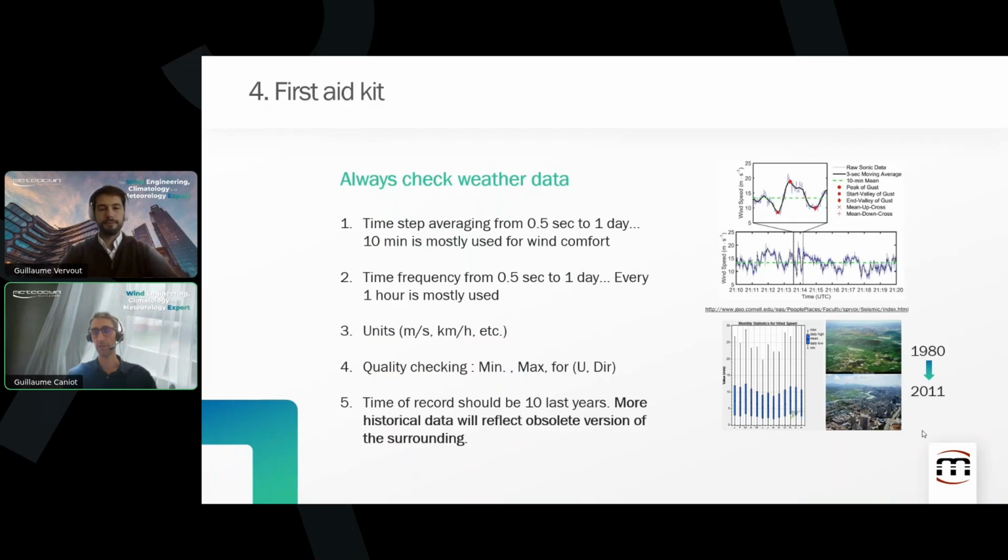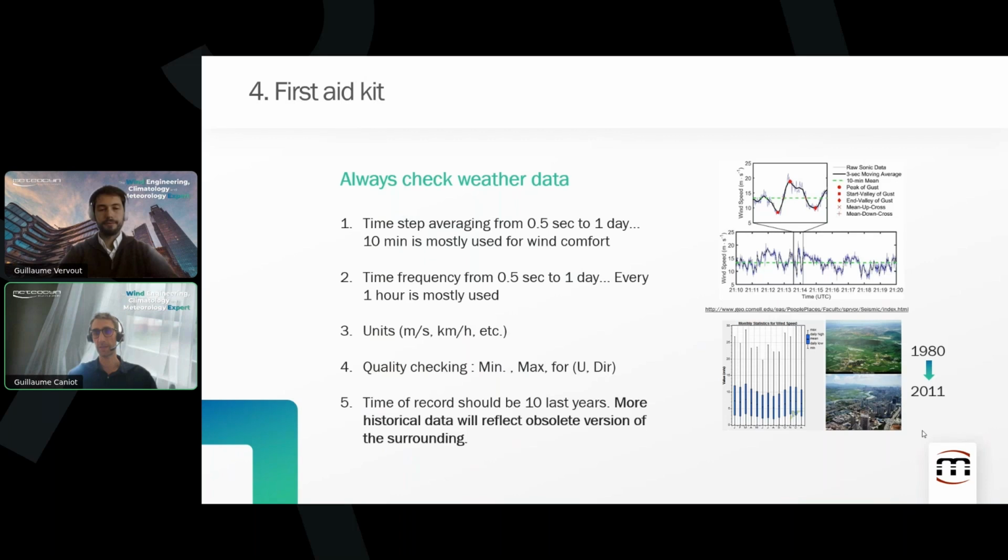If you try to use what they call the 3 seconds moving average in the dark, this is still too much turbulence. What we need is the intermediate results. You have the dash green horizontal line.